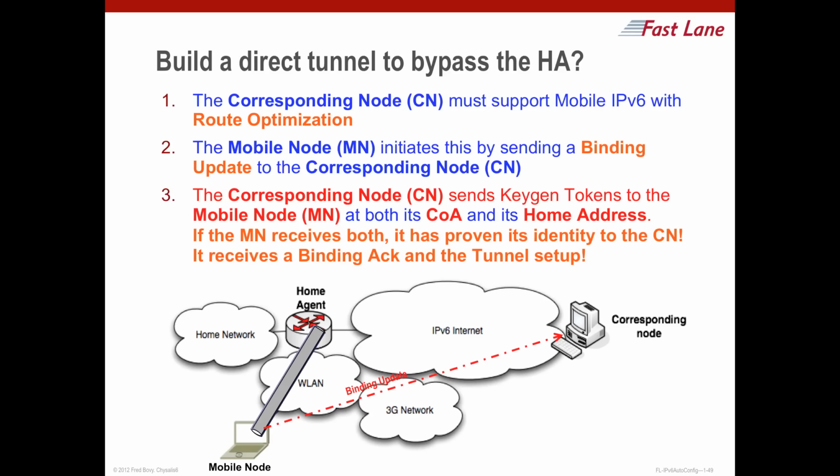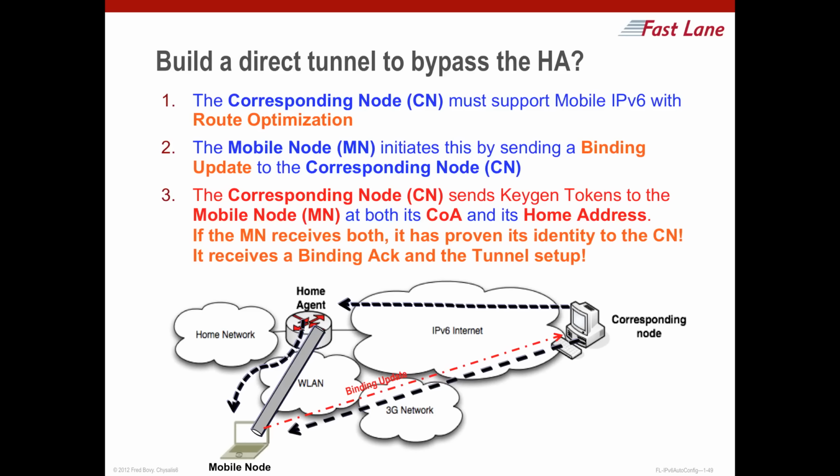So to verify its identity, it is going to send packets to the home network address and to the care of address. And the mobile node should be able to receive both packets. So both packets are sent and both packets must be received by the mobile node.